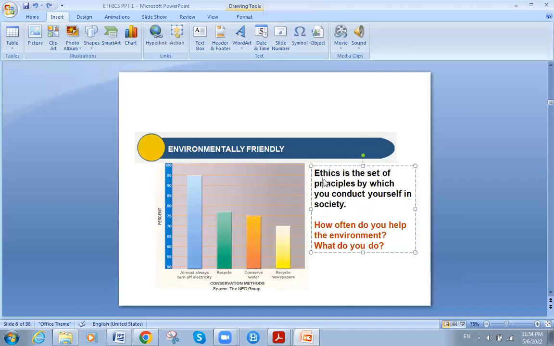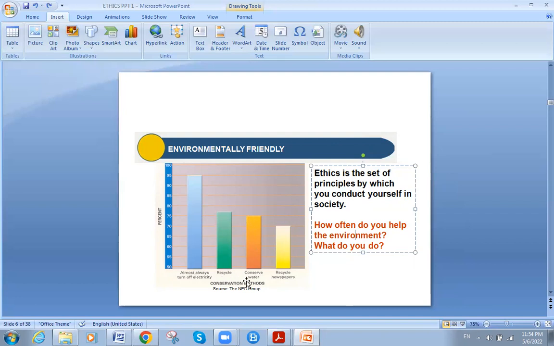Ethics is a set of principles by which you conduct yourself in a society. Look at this. How often do you help the environment? What do you do? Do I turn off the electricity? Do I do recycling?